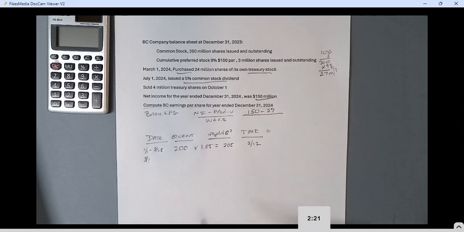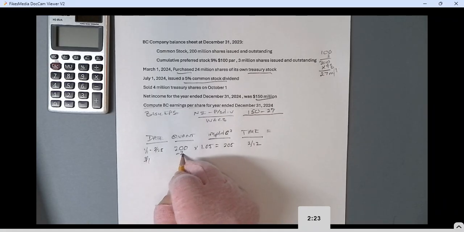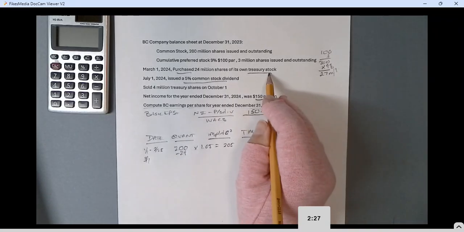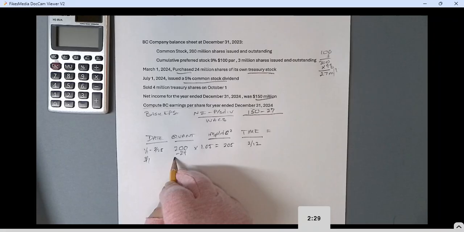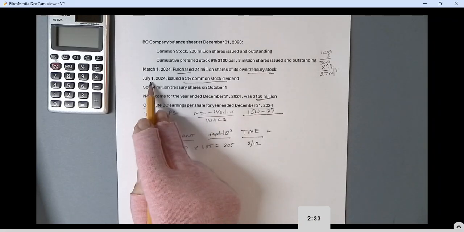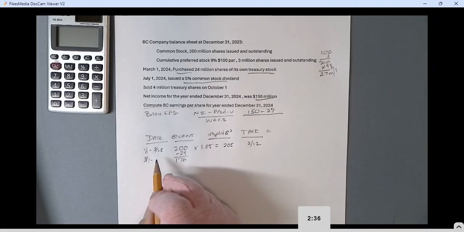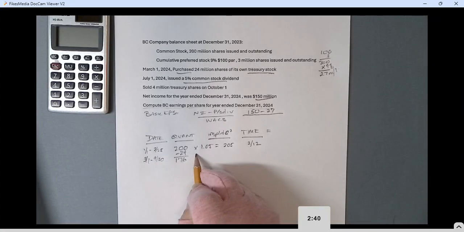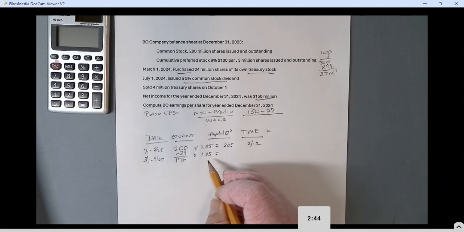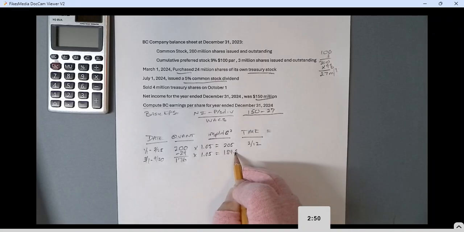Okay, so we brought back into the treasury stock 24 million shares. So I have 176, and that 3/1 lasted until 9:30, and that is 1.05. Okay, so my 176 times 1.05 is 184.8.